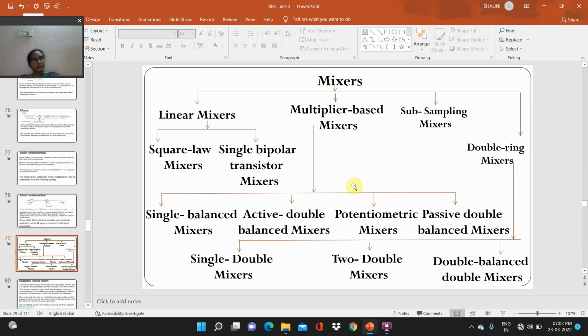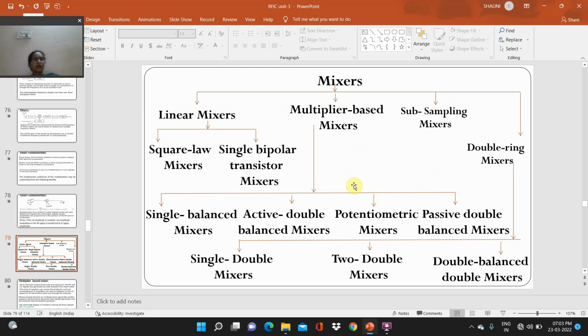And next, mixers. These mixers are divided into four types: linear mixers, multiplier based mixers, subsampling mixers, and double ring mixers. Linear mixers are divided into two types, square law mixers and single bipolar transistor mixers.